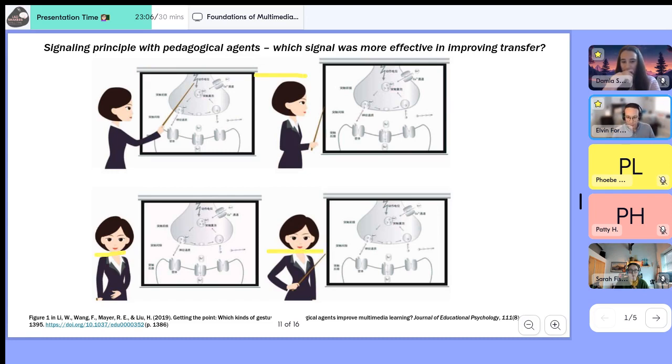It didn't even matter the qualities of the agent per se. It's just this right here. And this was a visual one, but it's been replicated with verbal signals as well, which is important. It doesn't have to look amazing. Maybe it does for you to sell your course, maybe it does for you to get interest, but for learning, that's it.